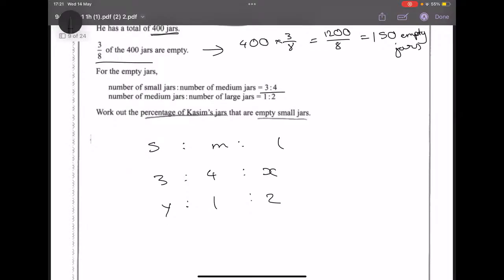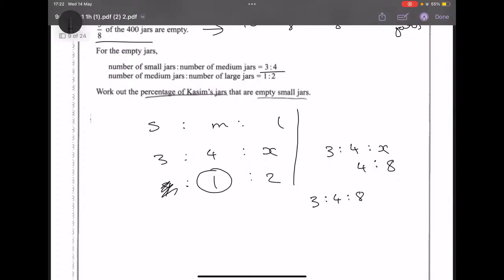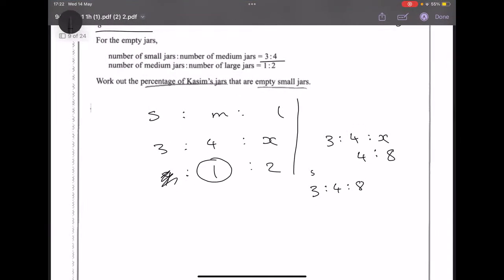If we times this here by 4, we'll leave the y out for now to make things simpler. We'll do 3 to 4 to x, and we'll do 4 to 8. Therefore, we get our ratio 3 to 4 to 8 for the empty jars for small, medium, and large.